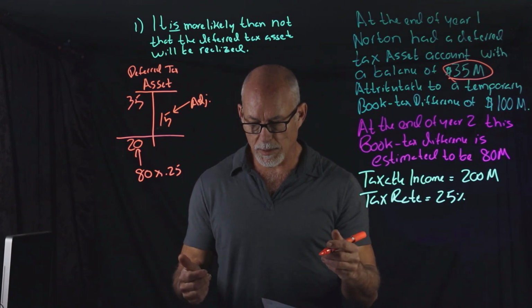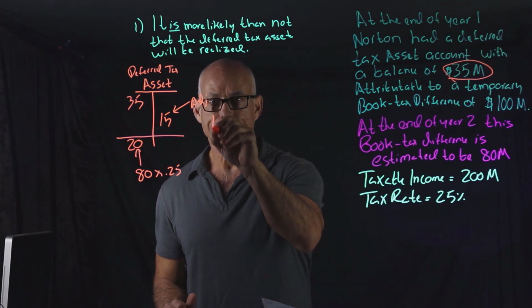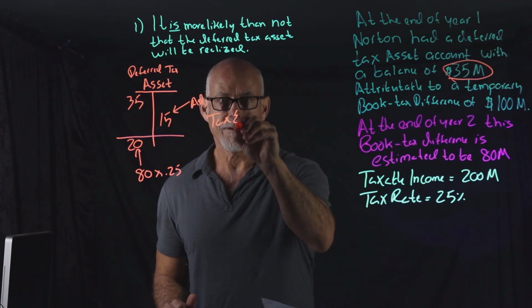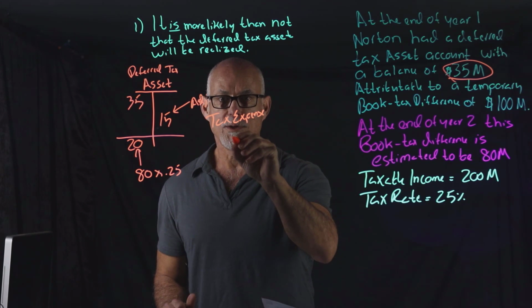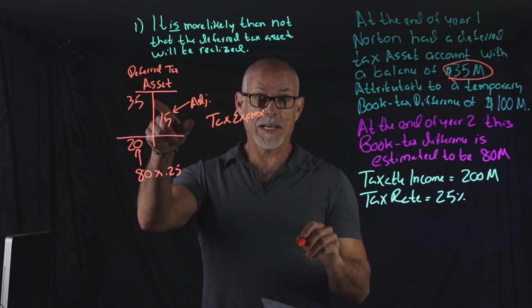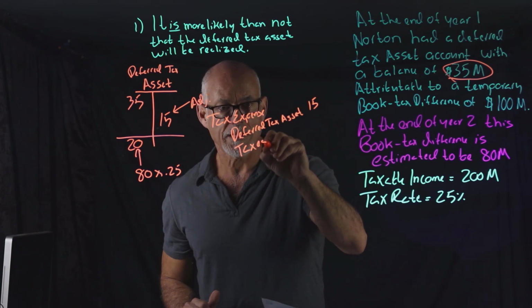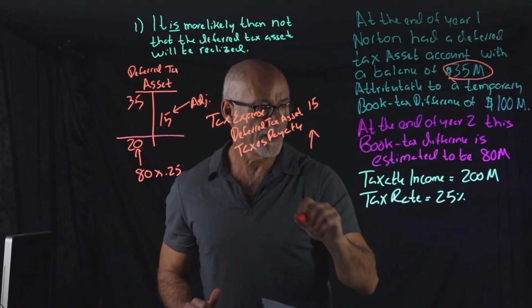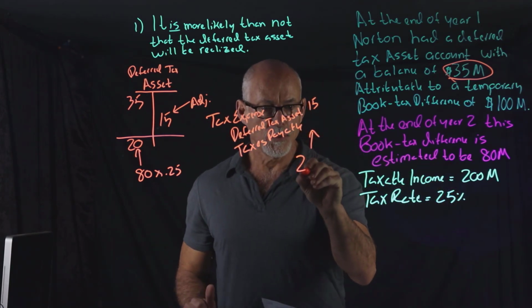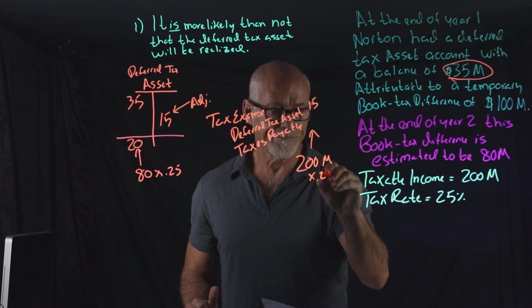My journal entry is going to be, I'm going to write out the tax expense, but I'm not going to fill it in, right? Because that's not what I do. And then I'm going to do the deferred tax asset. It's not debit side, it's credit side. And then the last thing is taxes payable. And taxes payable is simply going to be 200 million times 25%.